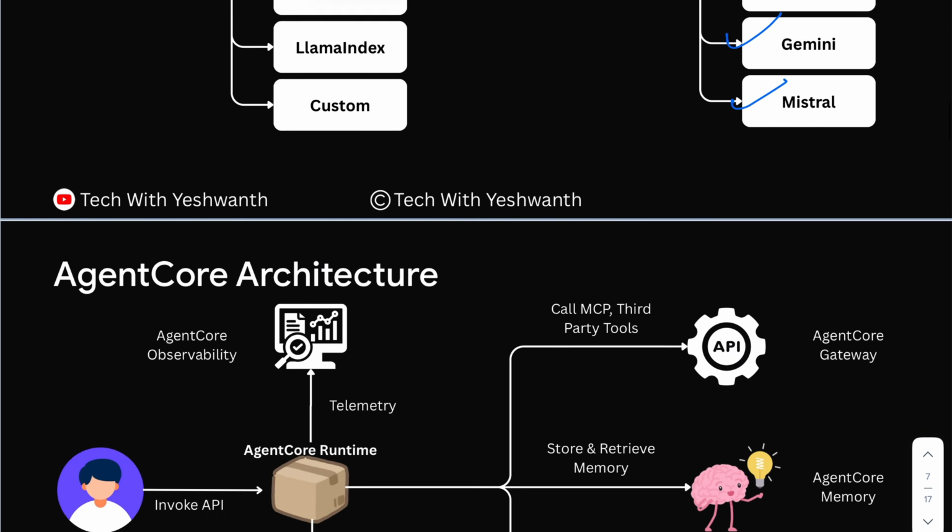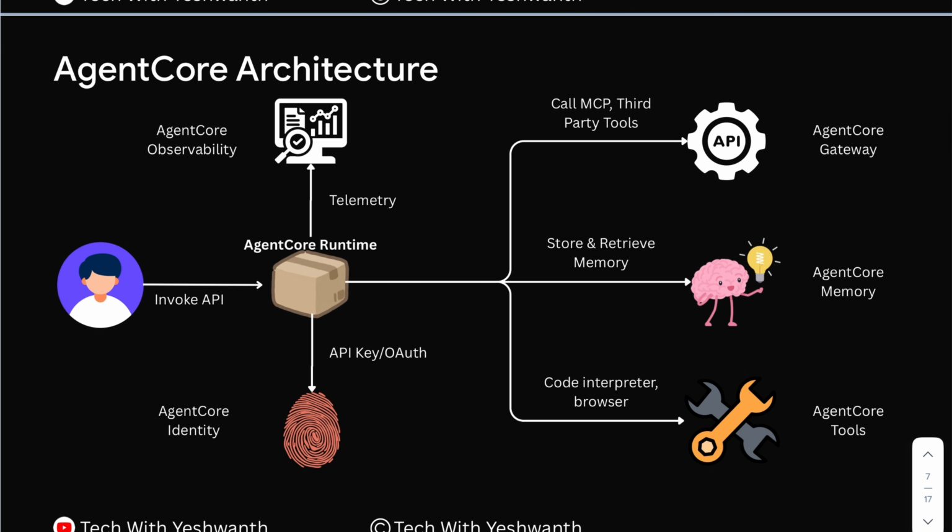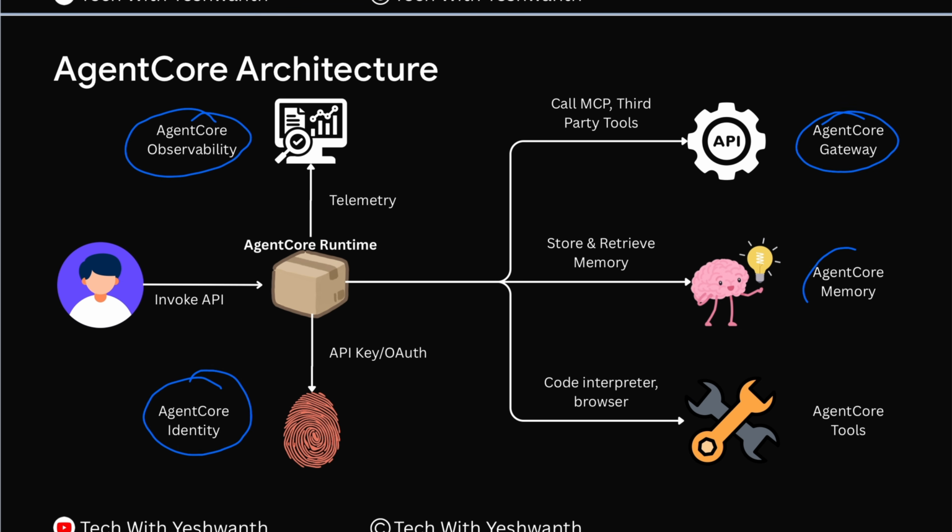AgentCore is not just one big confusing tool. It's a toolbox filled with 7 native resources. If you see here, we have observability, we have identity, we have AgentCore Gateway, AgentCore Memory, we have tools, and we have runtime. Now, this is just a few things on the plate right now, but in addition, AWS might include a few more and the architecture will change.